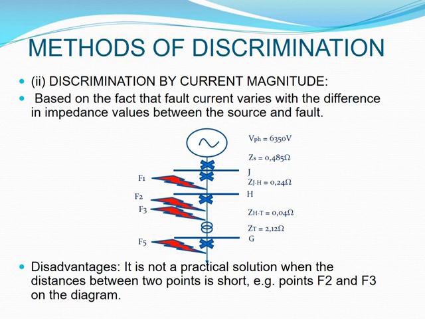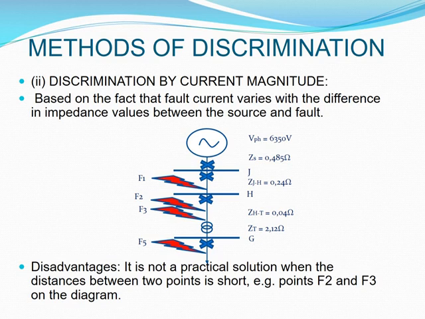So between F2 and F3, you are sitting at exactly the same point, where you are experiencing firstly the Z source, which is 0.485, and then the Z between your J and your H bus bar, which is 0.24. So you add that in here. But between these two points, the difference is so minimal because F2 and F3 are right next to each other, so the impedance there could be 0.04 on any one of them.